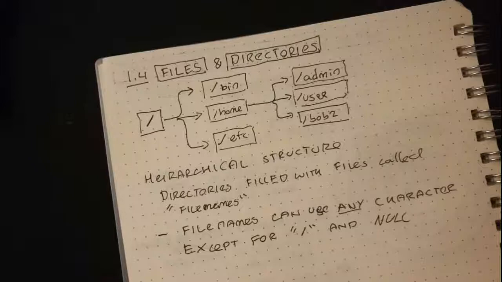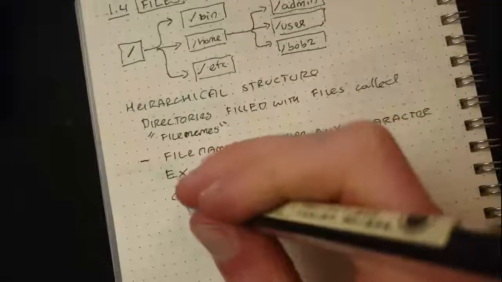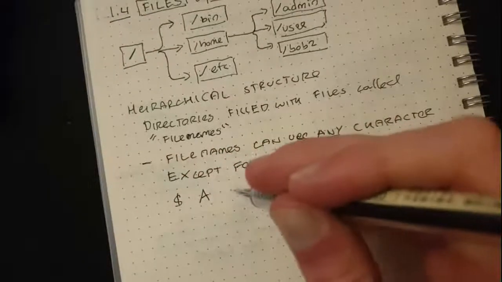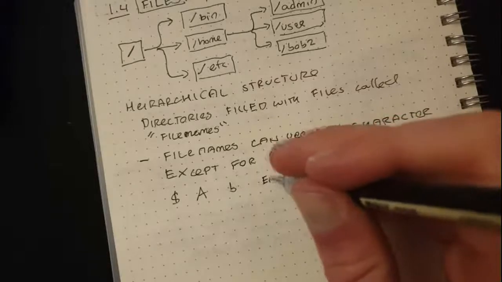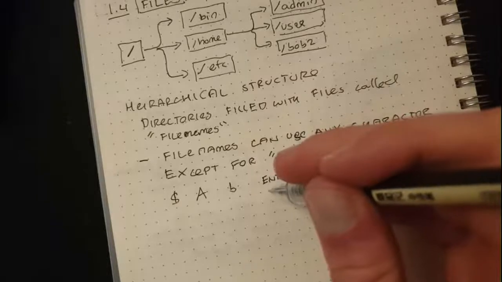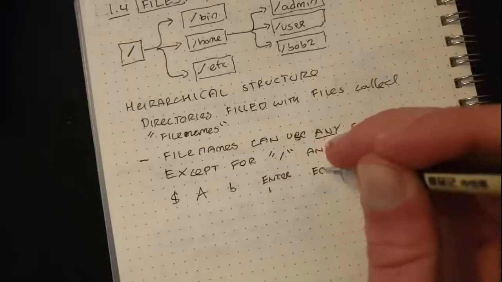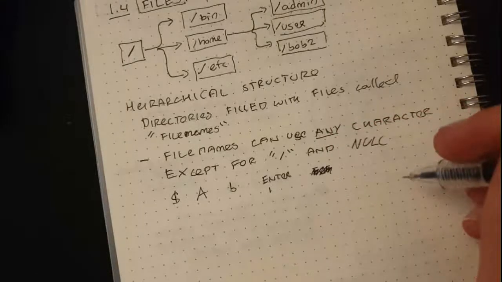So any character you can think of, whether it's a dollar sign, backspace, enter, or EOF. Well, that's usually null.